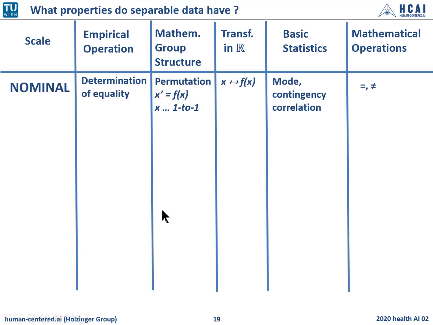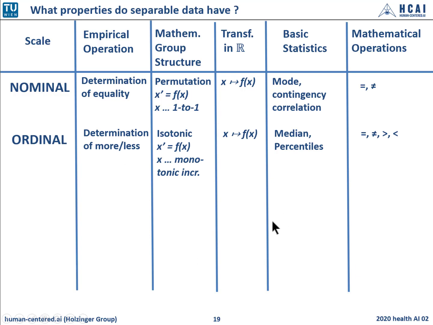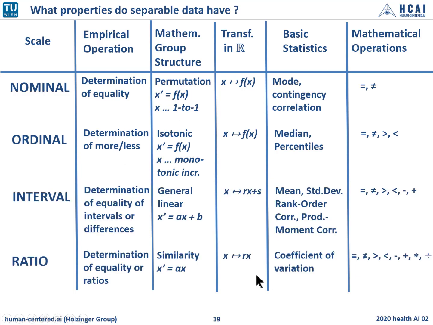So you see this is the nominal, and you can check this out at peace at your home later on. So please carefully study this. The ordinal, the interval, and the ratio. And now you have a nice slide where you have all this data in one good overview.